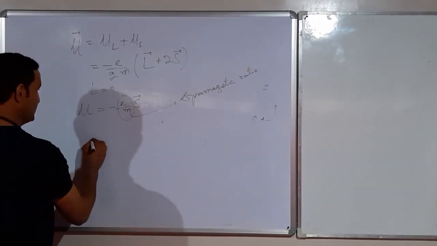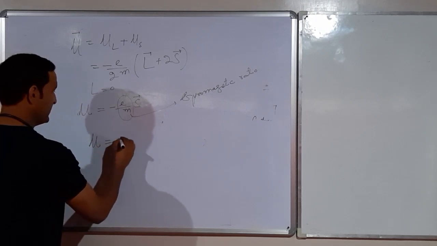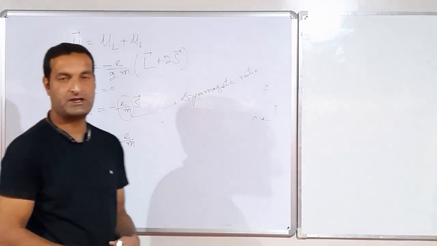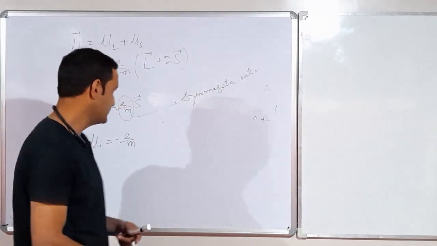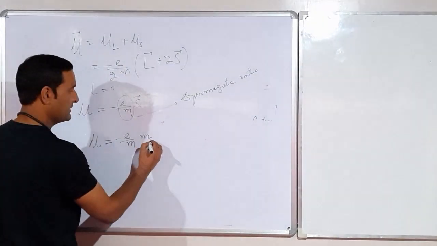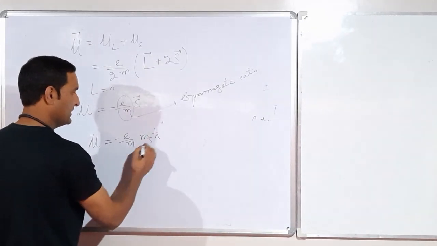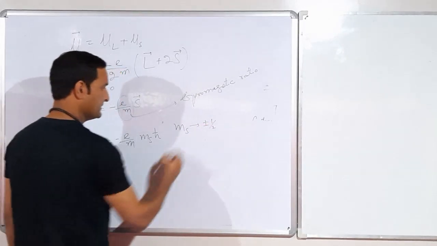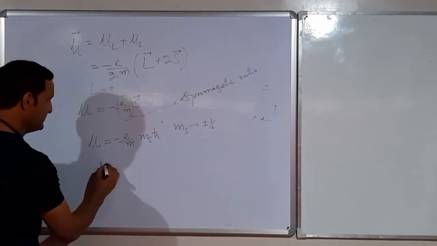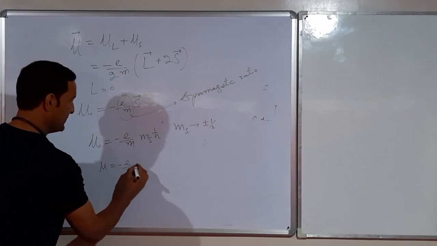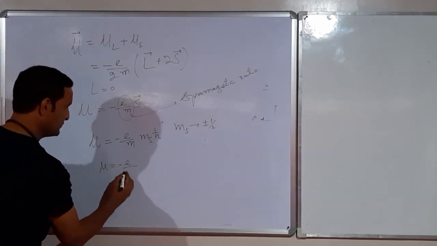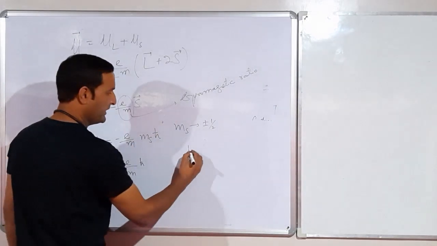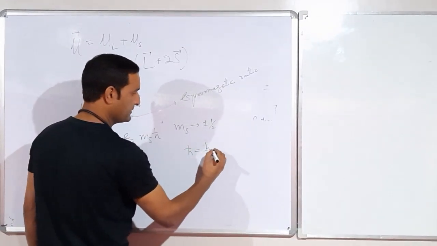Here you see mu will be written as minus e upon M into S. This S, the spin of the electron, is quantized, so it can be written as Ms into h cross. Ms has a value of plus or minus half. So we can write mu equal to minus e upon twice M into h cross. H cross is related to h, Planck's constant, as h upon 2 pi.